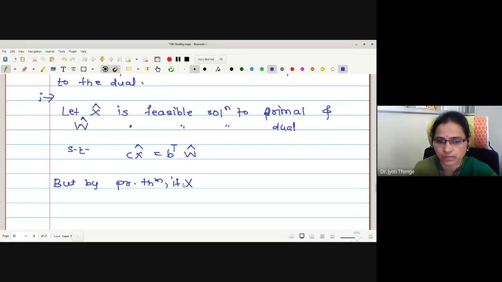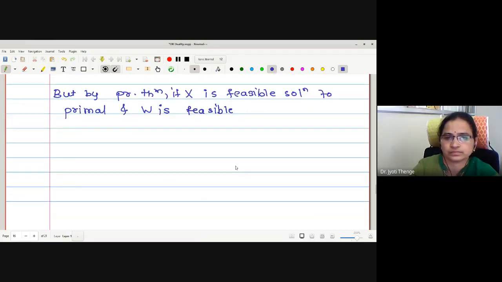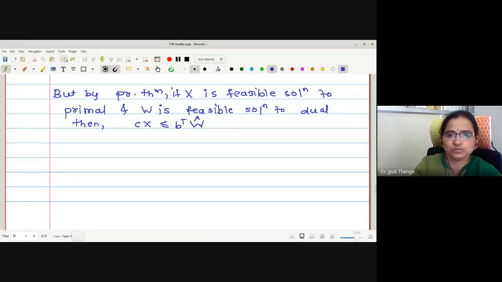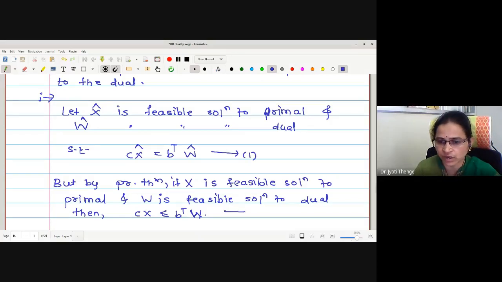I write just one statement. If x is a feasible solution to the primal and W is a feasible solution to the dual, then Cx is less than or equal to B transpose W. Let me call it statement 1 and statement 2.